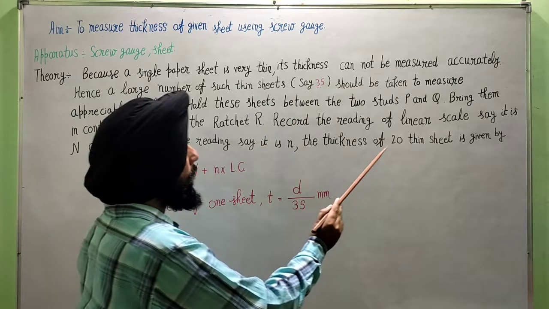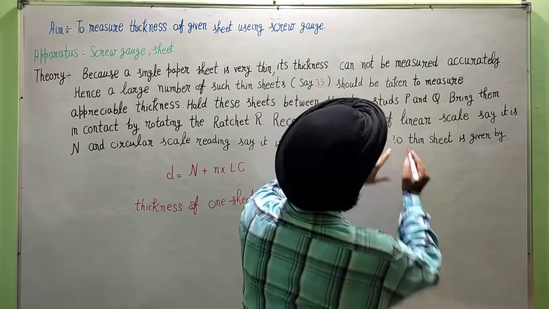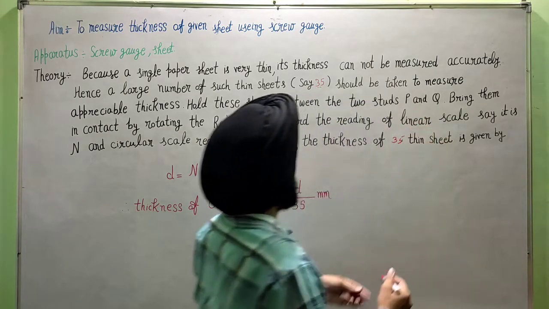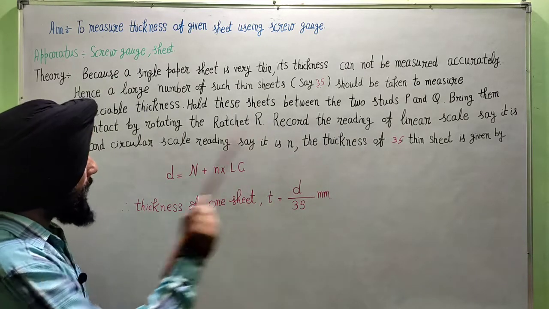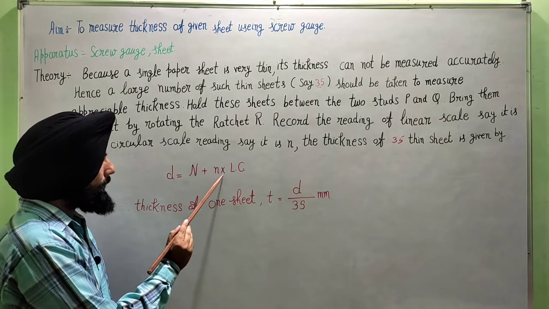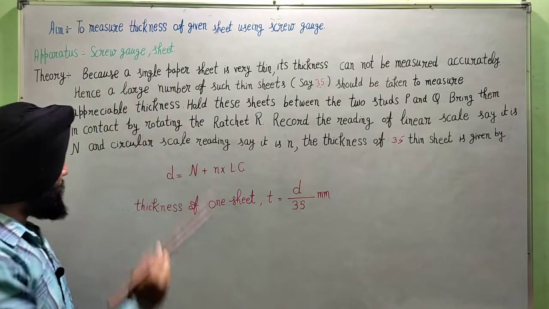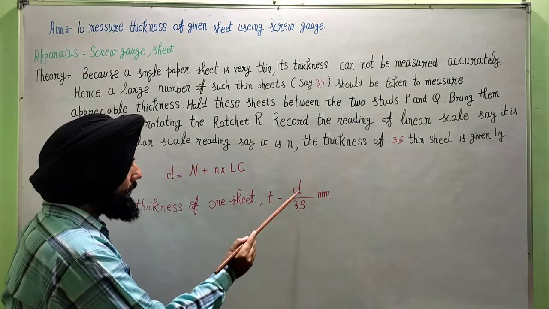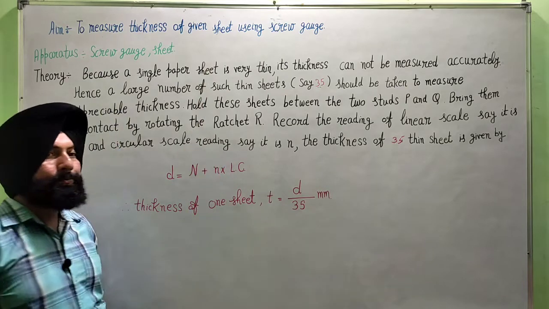The thickness of 35 thin sheets is given by D equal to capital N plus small n into the least count of the screw gauge. Now the thickness of one sheet, that is small t, equals D over 35 millimeter.